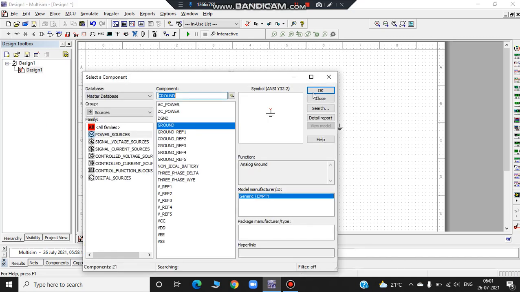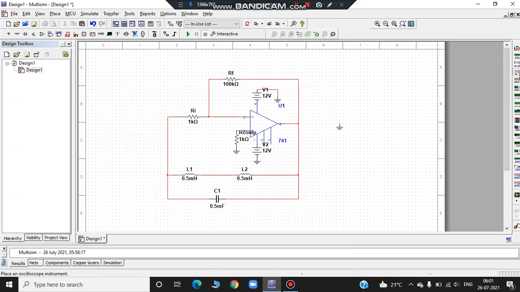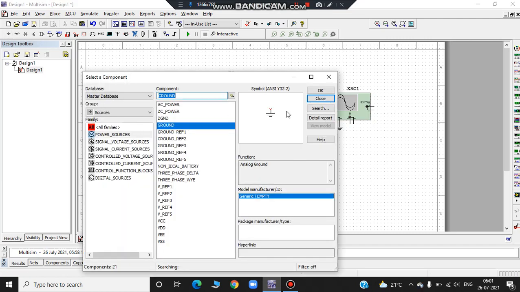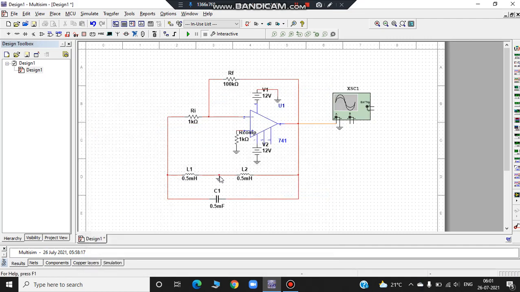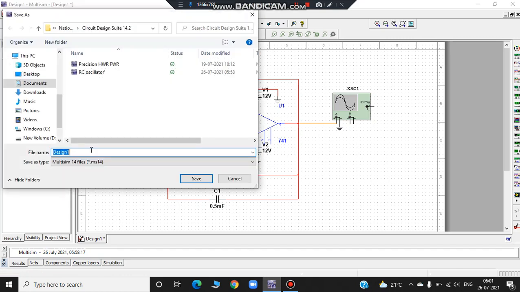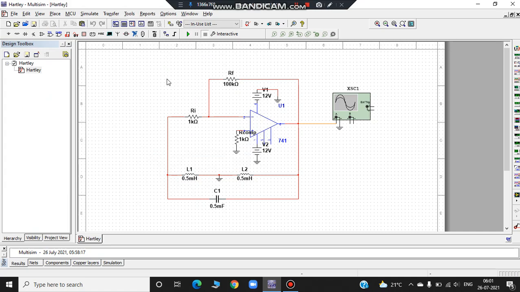We'll need another ground for oscillator. So that is all with the connections. Now I'll save it and run it.